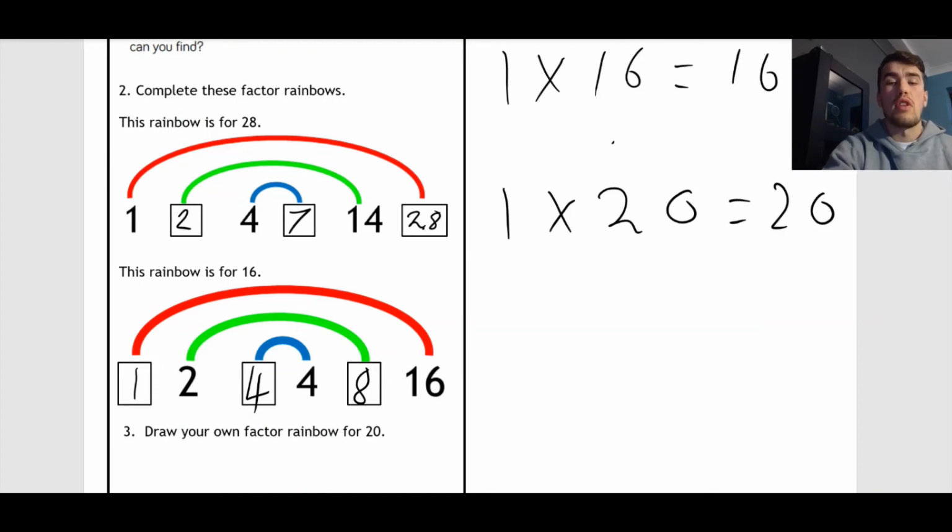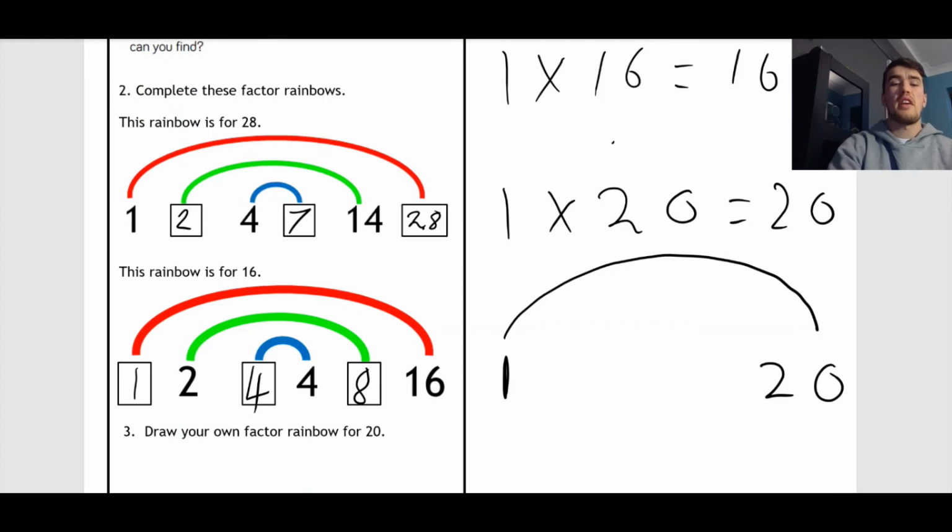Remember, when you're drawing this rainbow, start with your 1 here, your 20 at the end, and a nice big line on the outside. Then ask yourself, well, what about 2? Will it work for 2? Then 3, 4, so on, and just think about your multiplication. Okay, so pause it there, have a go at drawing your own rainbow.